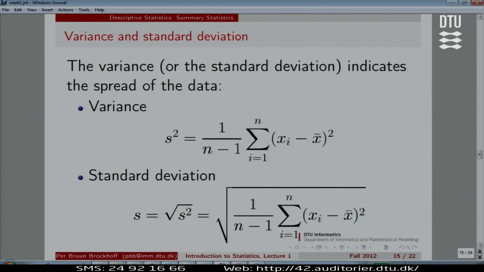Let's move on to a very, very important summary statistic of this course. Namely, I call it, in a way, just one summary statistic, even though it has two forms. It has the squared form, which is called the variance. It has the square root, which is the unsquared form, which is called the standard deviation. And it's the same number, right?